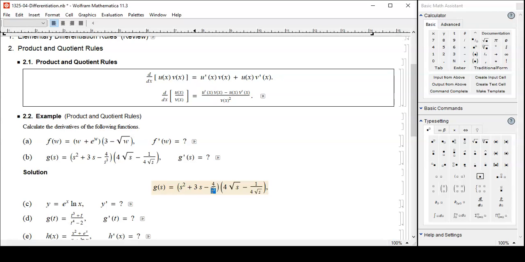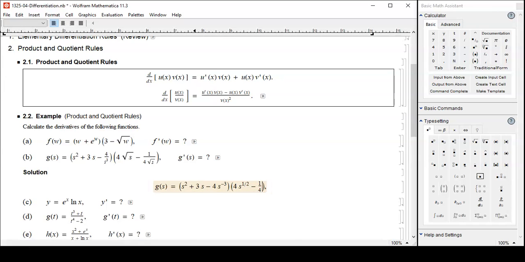So rewrite it as 4 s to the negative third power, and this one is going to be s to the 1/2 power because square root is 1/2 power, and this time the square root is in the denominator, so s to the negative 1/2 power. That's the power form. And then you can apply the product rule. Good luck.